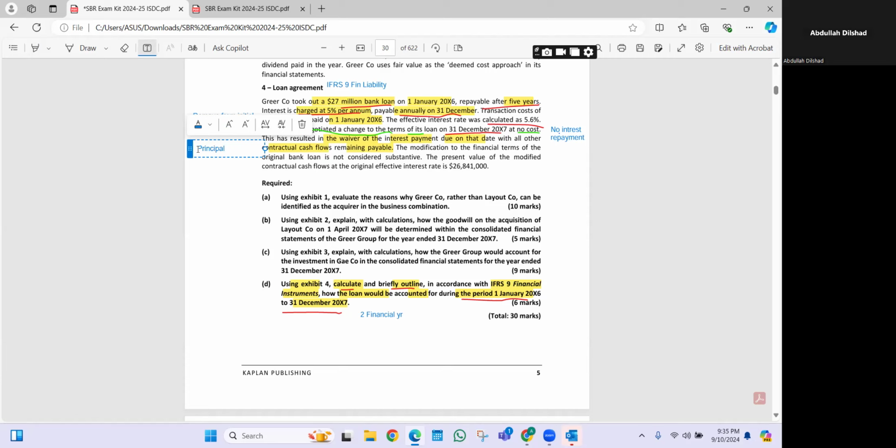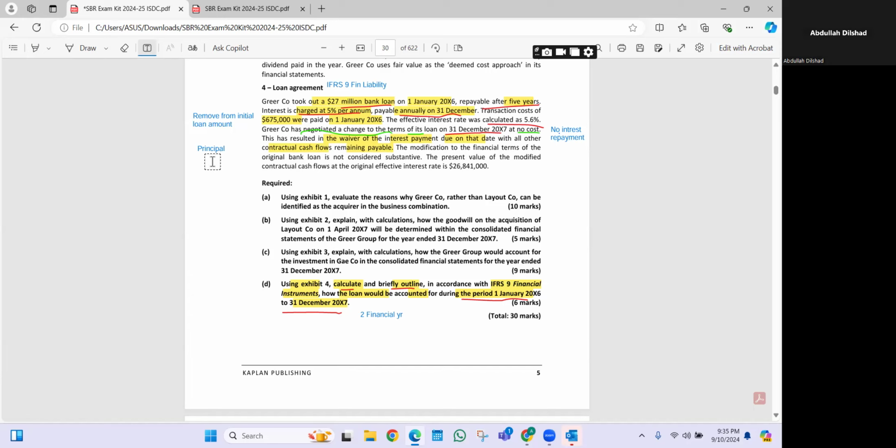Obviously, the third party is not mad enough to give you a waiver of the loan plus the principal amount. Then it's not a win-win situation. So you all need to pay the principal amount, but the entire interest cost is scrapped off. You don't need to pay that at all.